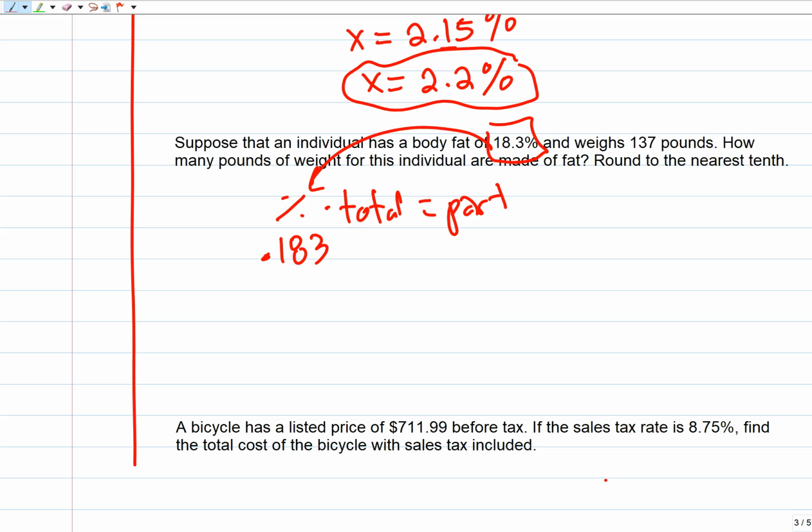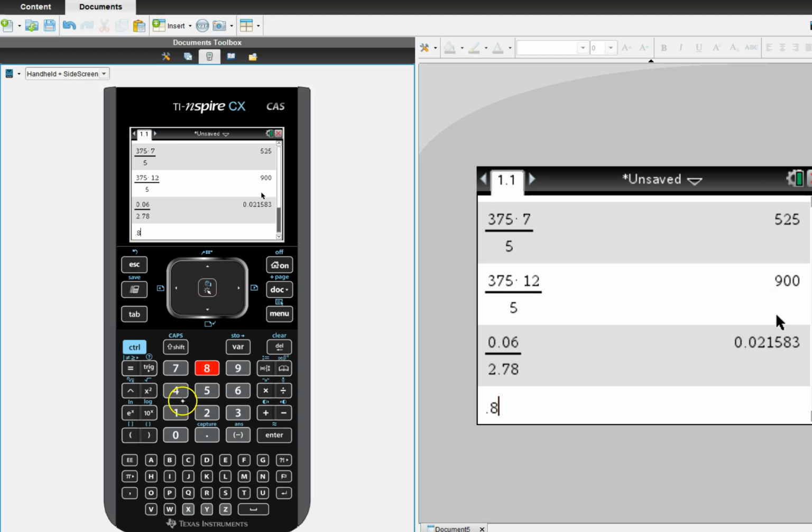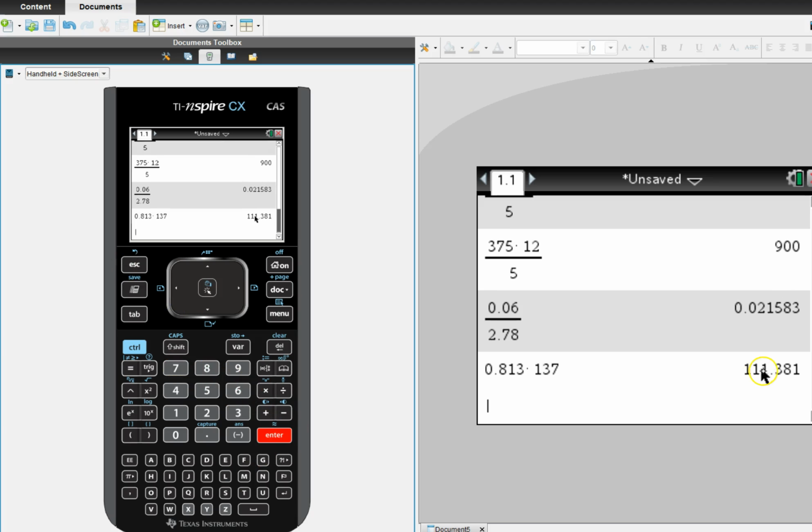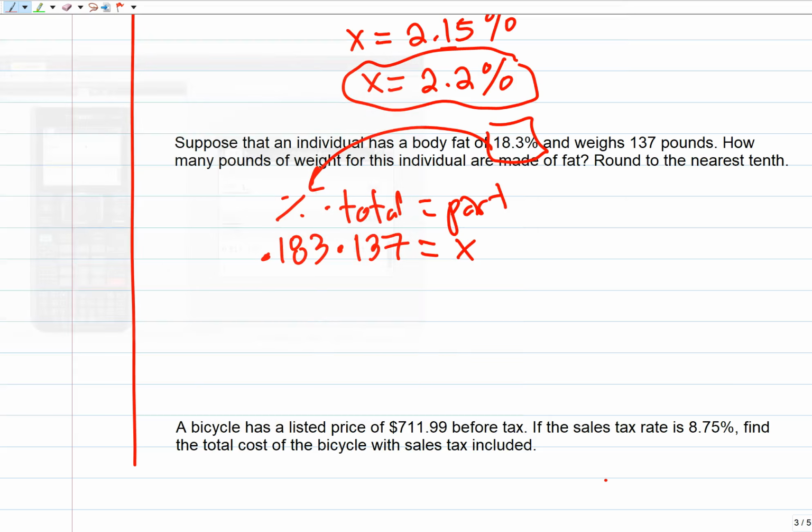0.183 times, what's the total weight? 137. Equals the part. I messed that up, 0.183, sorry.